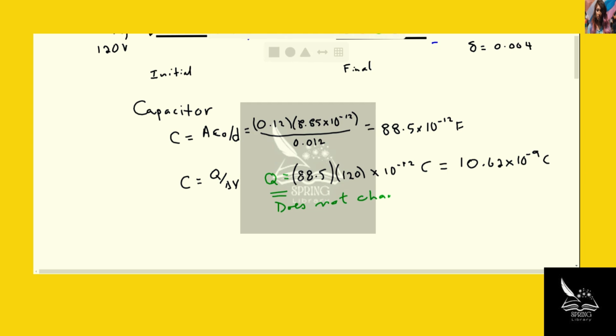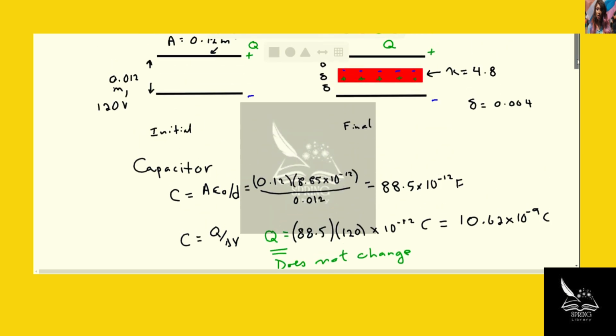The reason for that is the battery is not hooked up. If it were left hooked up, then you could have the capacitance change by having the charge change. So what's going to change is the potential difference across the plates.